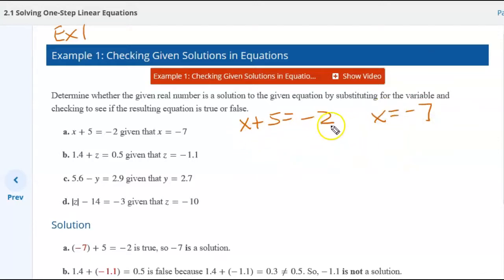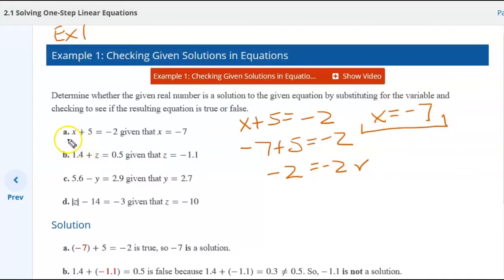So as we do that, we're going to replace the x here with the negative 7. So negative 7 plus 5, does that equal a negative 2? Well, when we do this, we end up with a negative 2 on this side equals negative 2 on this side. So we put like a little check and we say then this is a solution for this particular equation.